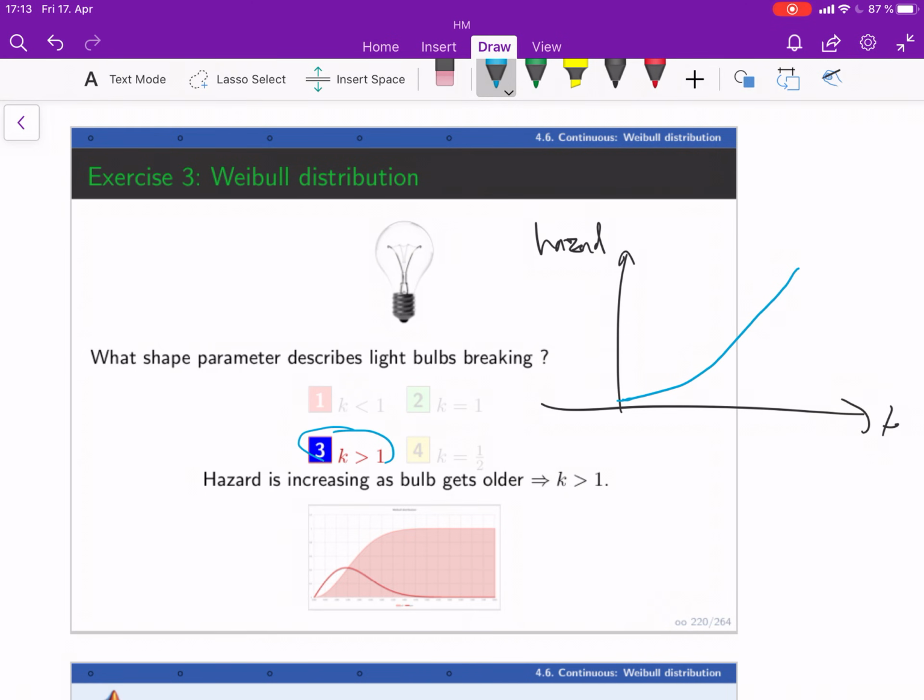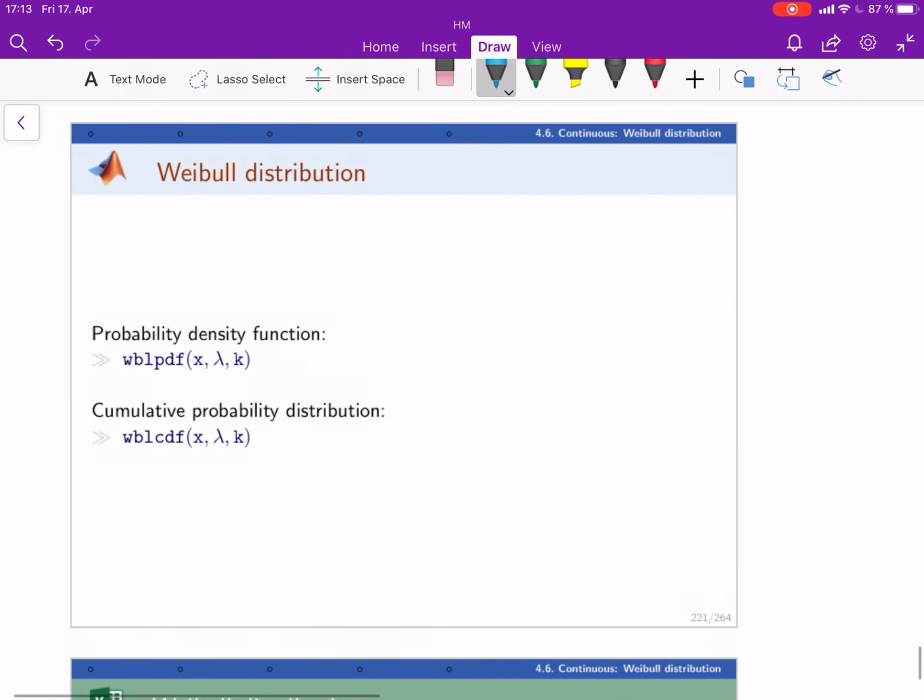At some point the thing is just worn out and it's getting more and more likely that it's at the end of its life. So different scenarios, and they all can in a simple approach be modeled by the Weibull distribution. So that's why it's quite useful.